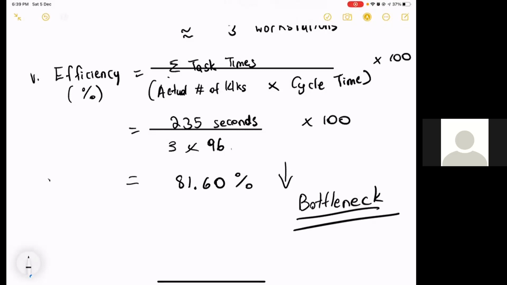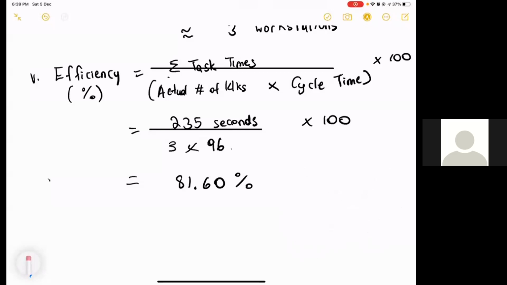Think of a factory with an assembly line. Things start packing up and the machine starts to malfunction because it is producing more than the other workstation can manage at a time. So that's just a little bit of a side note.